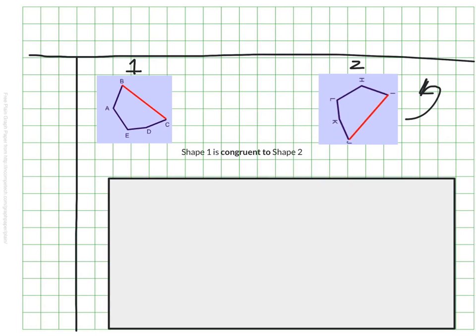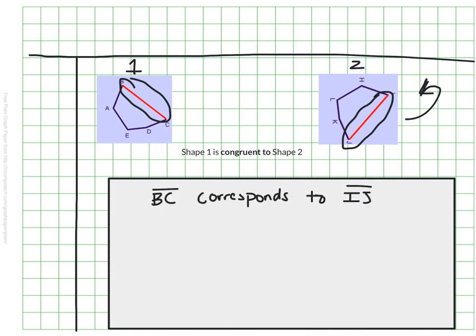so I can see the sides that are in the same position in both shapes. And what it looks like to me is that if I look at this side here, BC, it looks like it matches up to the side IJ. Those look like they're in the same relative position. If I spin this around, I think that those would match up really nicely and be corresponding. So I'm going to start there. And knowing that, I can look and see what else might correspond.